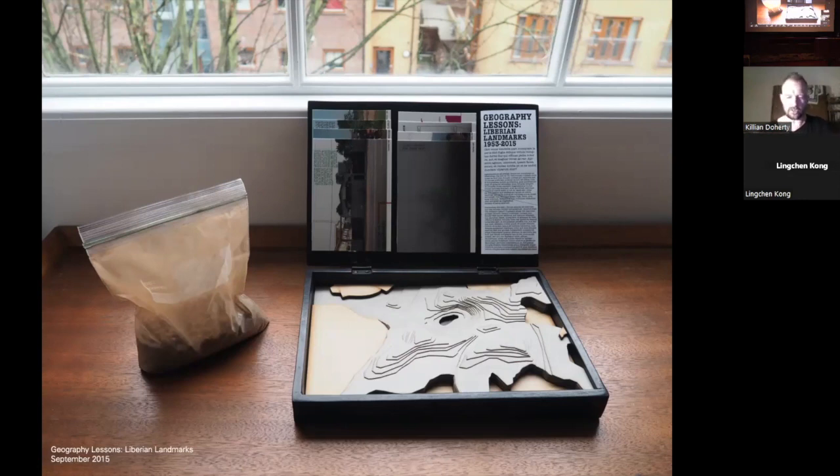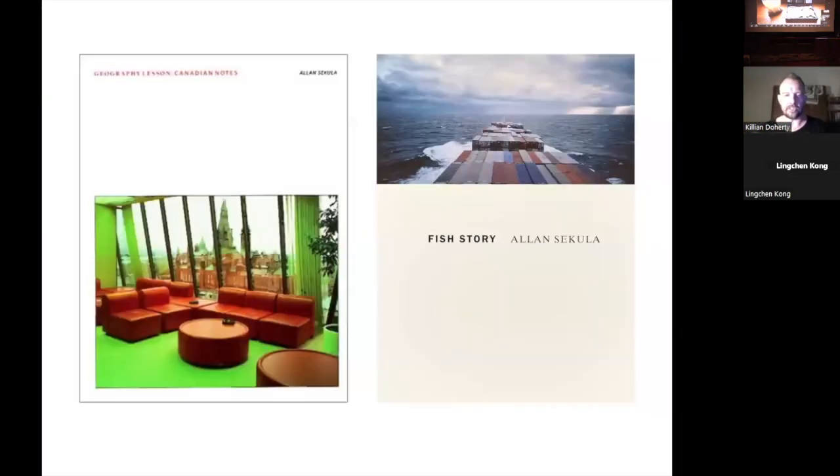This was a bit of the mine, some of the soil that I'd smuggled out in a bag, and a series of postcards. This was inspired by Allan Sekula. I don't know if you know Allan Sekula, the photographer and filmmaker.